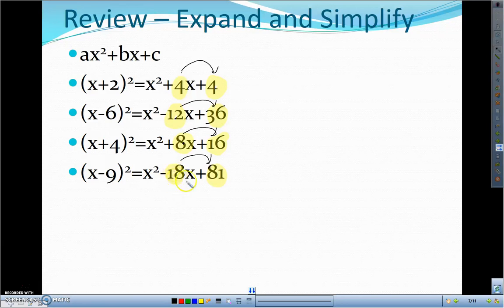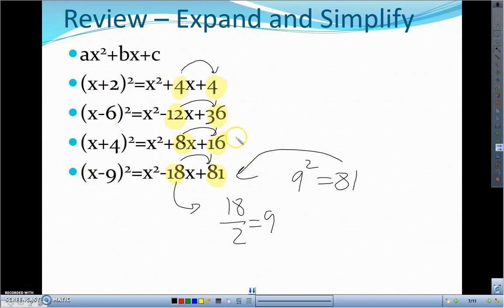And here's the answer. If I were to take 18 divided by 2, that is equal to 9. So 9 squared is equal to 81, and that is the 81 that's happening right here. I've also got this one here, half of 8: 8 divided by 2 is equal to 4, squared, which is equal to 16, which is the number at the end.